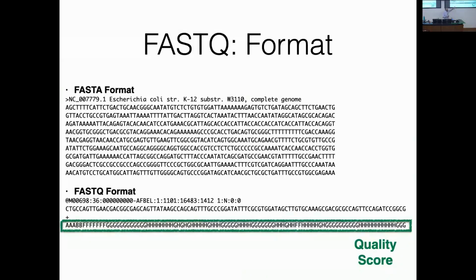Then this last part in the FASTQ file is what's called the quality score. If there's time later, we'll get into details about how to read it, but I can tell you what it means: for each base in the sequence, each base gets a quality score, and that quality score tells you, if you know how to interpret these letters, how reliable that base call is. It says how confident the sequencer is that that's actually a C there, right?